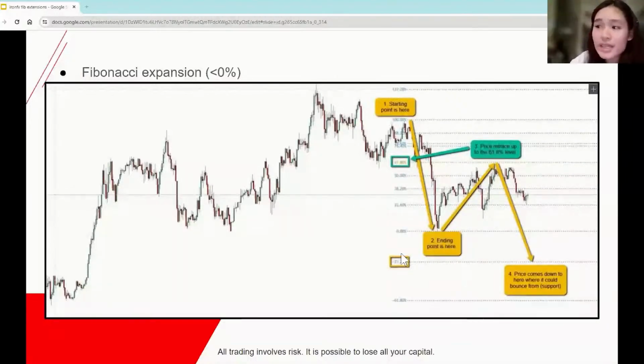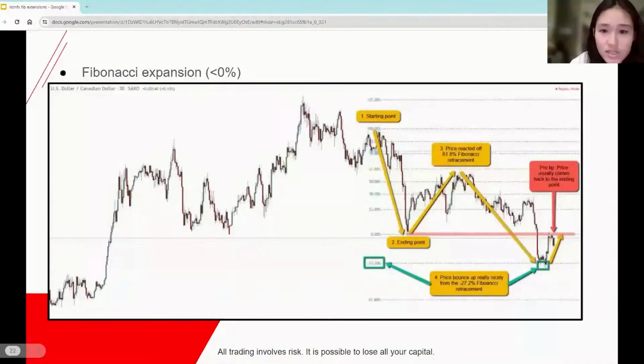Here we're looking at the negatives, as I mentioned earlier, for expansion: minus 27.2 as well as minus 61.8. In this example, the 61.8% lines up with this swing high here, so we're expecting price to bounce off of the 61.8% level, and we're projecting it to hit down towards the minus 27.2%.